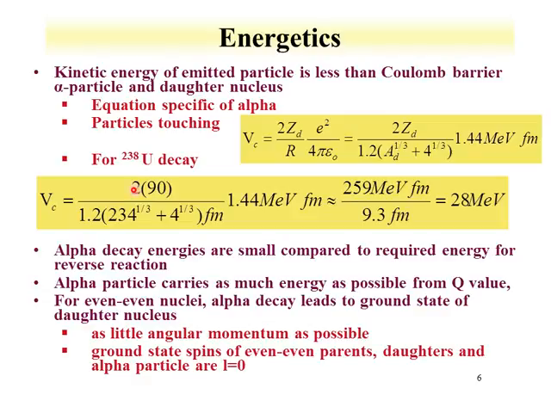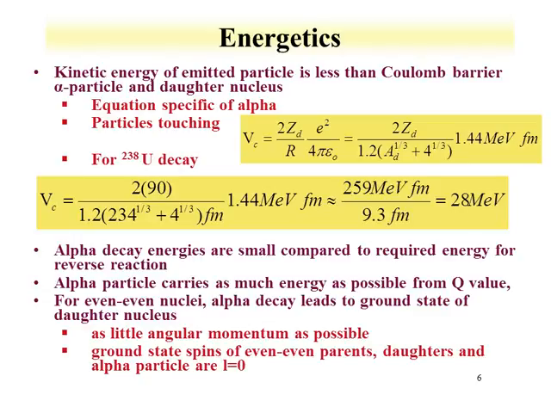The alpha particle Z is 2. For 238, the daughter would be thorium, so we use a Z of 90. We put in the values: 1.2 times the A of the daughter to the 1/3 plus the helium nucleus to the 1/3, times 1.44 MeV fm. And what we get is a Coulomb barrier of 28 MeV.